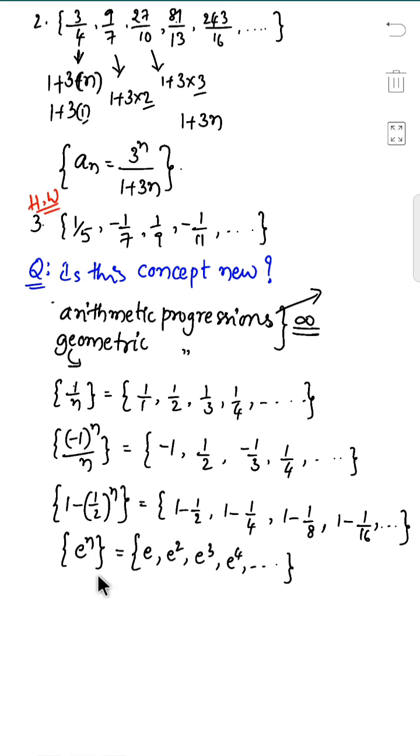When you study the particular examples and generalize, we will be able to know what the concept is. First we study the sequence 1 by 2 to the power of n. Let's say it is example 1, where the general term of the sequence is given as this one.